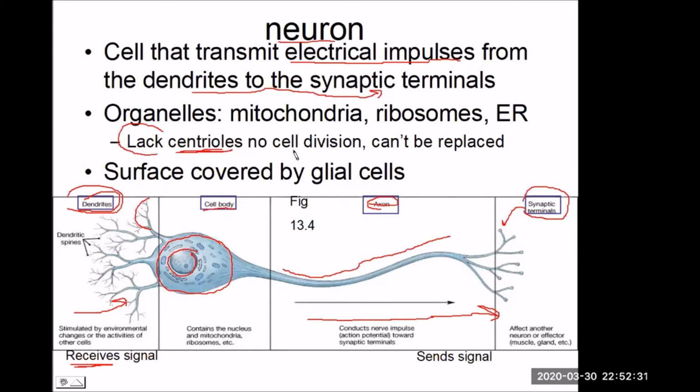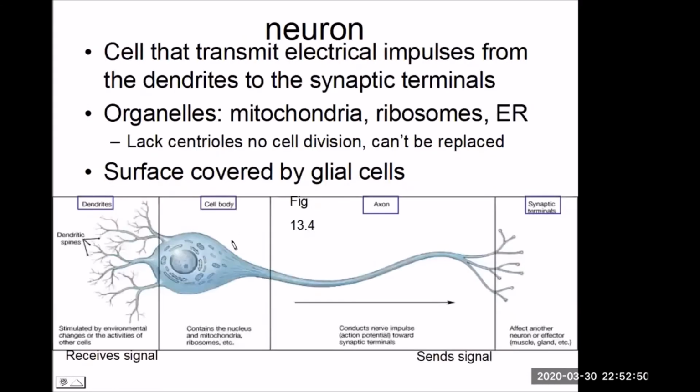Because of that reason, we cannot, for the most part, replace neurons in our body. So when a nerve cell is destroyed, for the most part, we cannot replace those. But the good news is they're in the billions. Another issue with this illustration here, this is showing a completely exposed neuron, which is not the case in life.